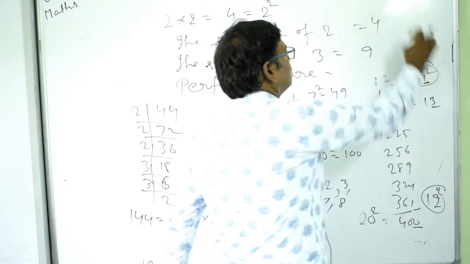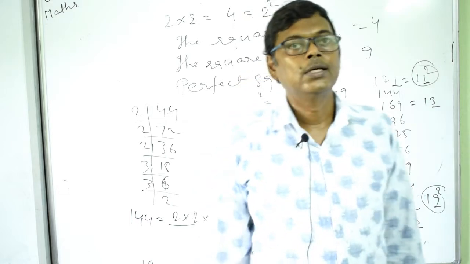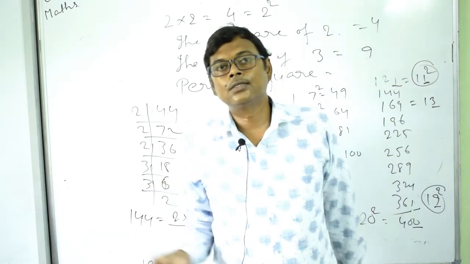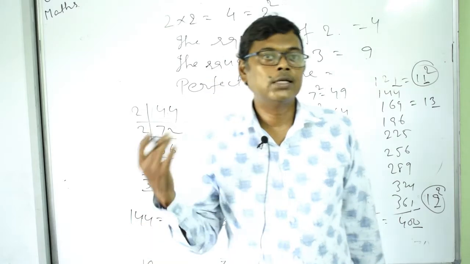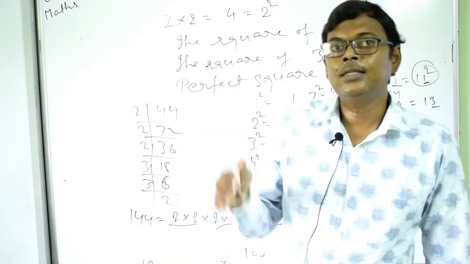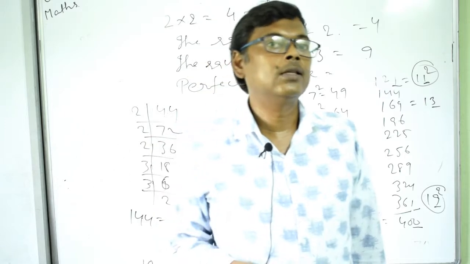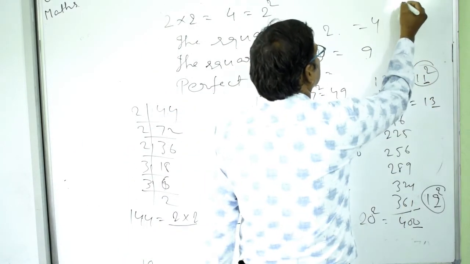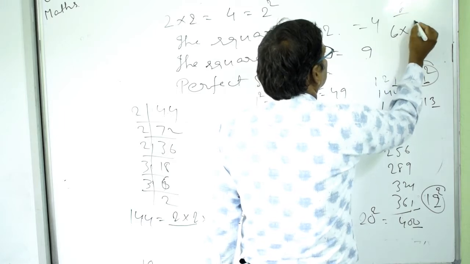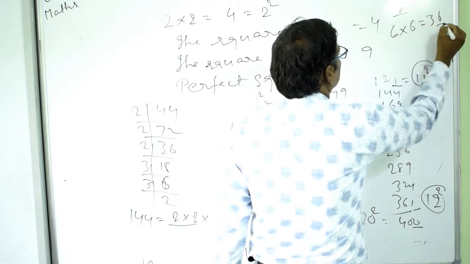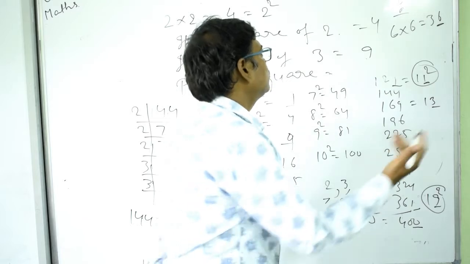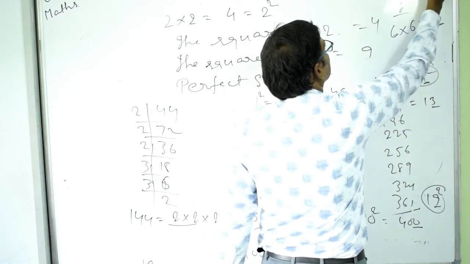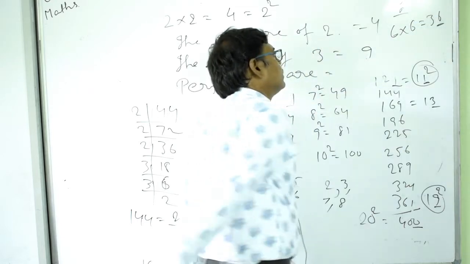Here you know 6 6s are 36. So when you square 36, you will get some answer, and in that answer the digit at the ones place will be 6, because 6 into 6 equal to 36. So at the ones place the digit is 6. If you square 36, you will get 1296. That is, see again, the digit at the ones place is 6.